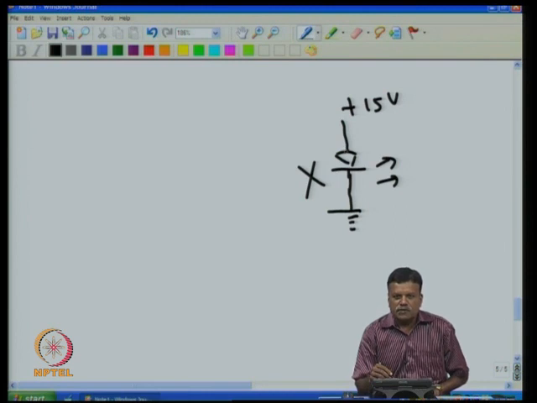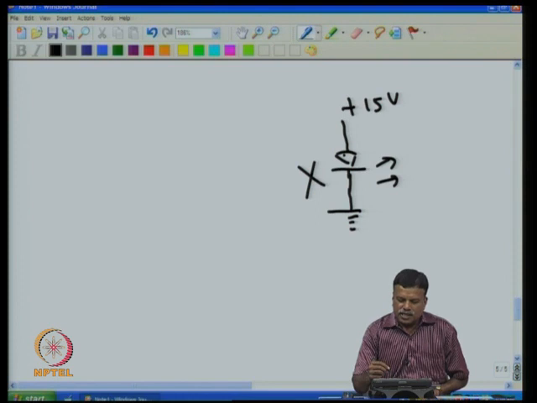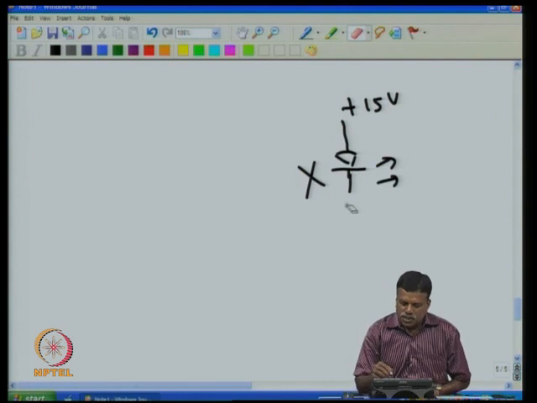That means I should be aware of the basic rule involved in connecting the LED. So I will not connect this to ground. I have to somehow make sure that only around 1.8 volt appears across the LED. The rest of the voltage I should make appear elsewhere. For example, in this case I can put a resistance and connect to the ground.